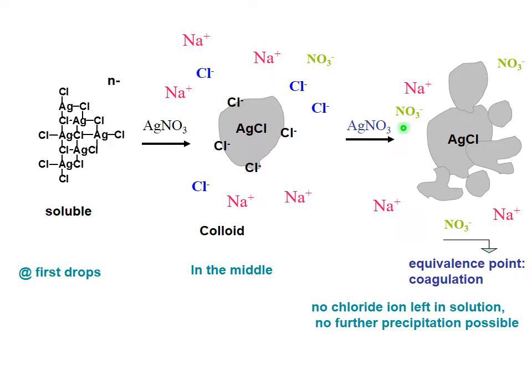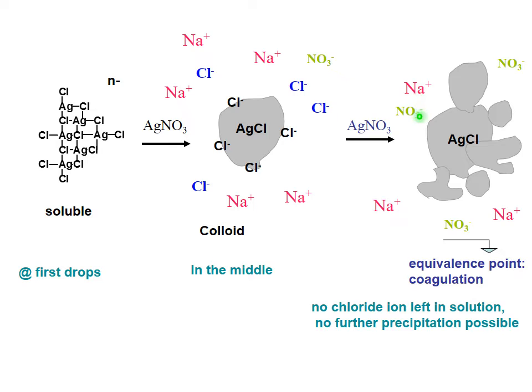Next, when we are coming to the equivalence point, the number of silver ions and the number of chloride ions is exactly the same. So there is no extra chloride on the surface left. In this case, several particles can easily collide and make a precipitate, a cheese-like white precipitate, somehow similar to cheese formation.